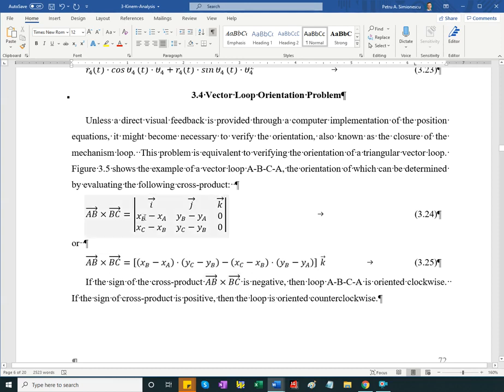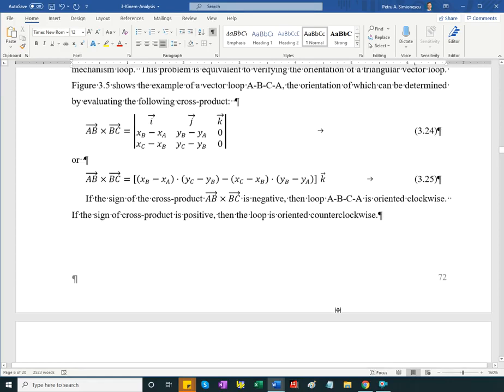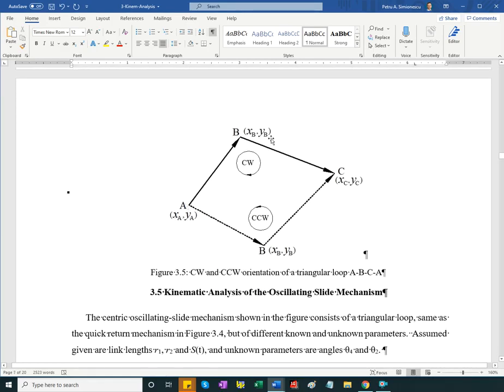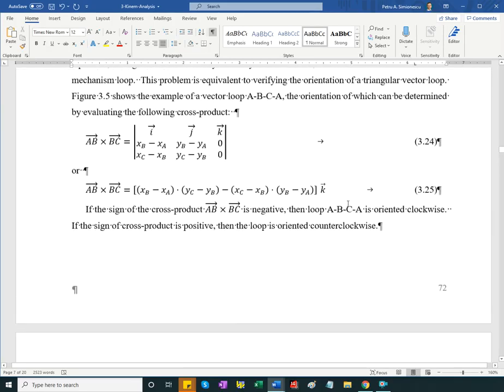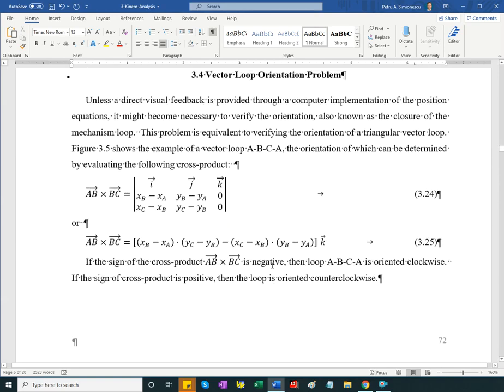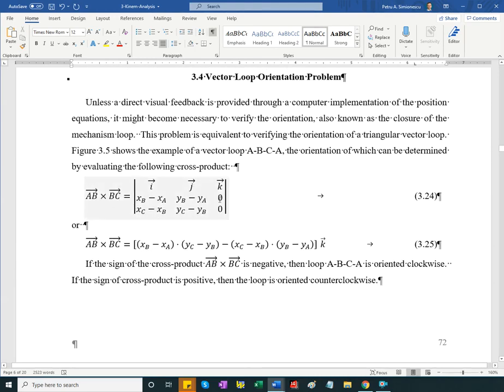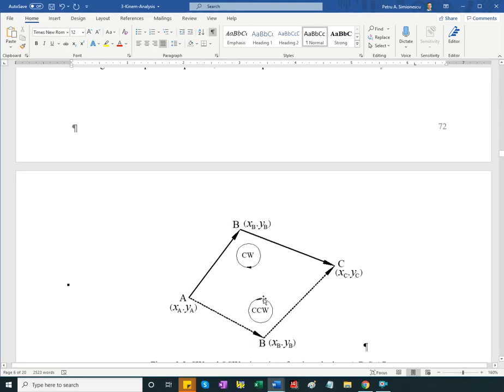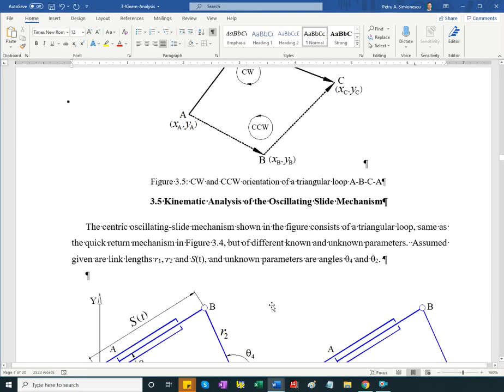And if this product is negative, then the loop ABCA is oriented clockwise. If not, it's oriented counterclockwise. Again, this is in order to make decisions, say you program some equations and you want to make sure that certain vectors are oriented the way you desire.